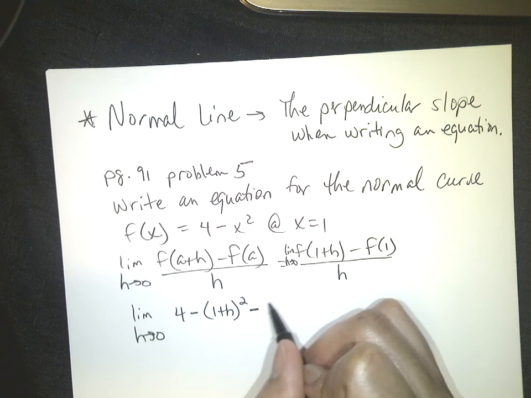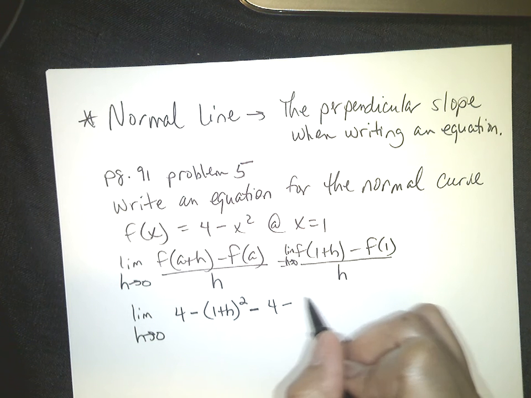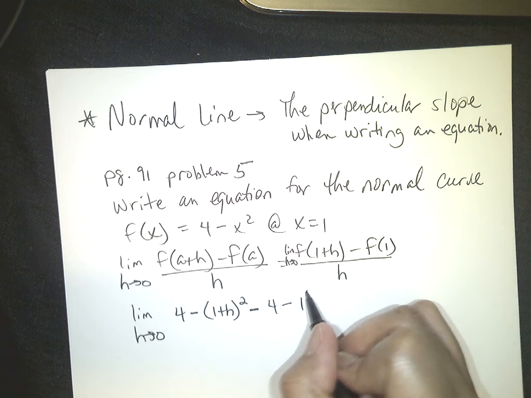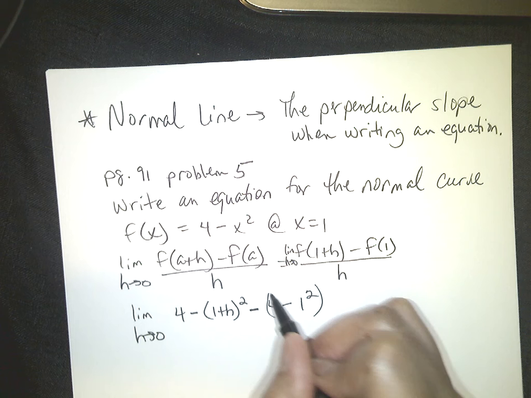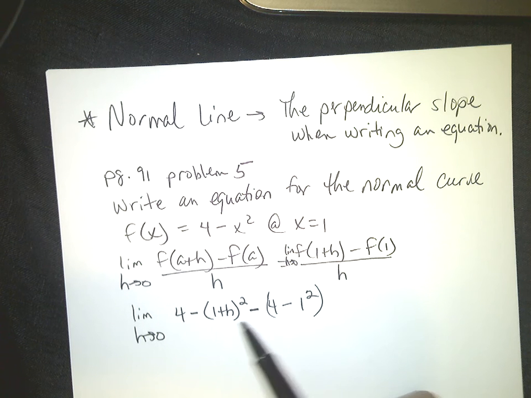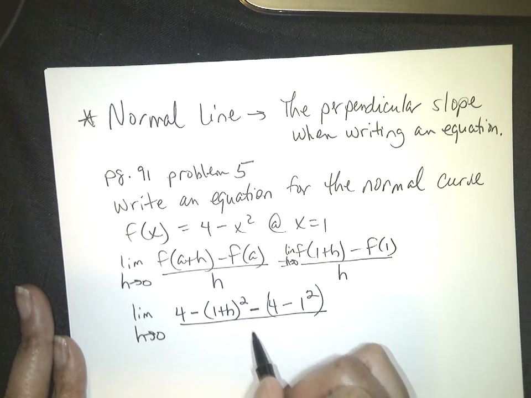So this would be minus (4 minus 1 squared). You want to be careful here because whatever you get inside this parentheses, you have to take its opposite because of the subtraction sign in the formula. All over h.